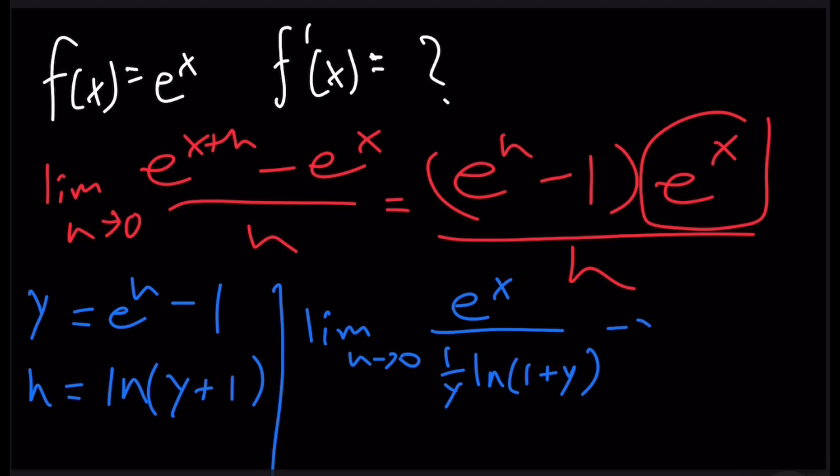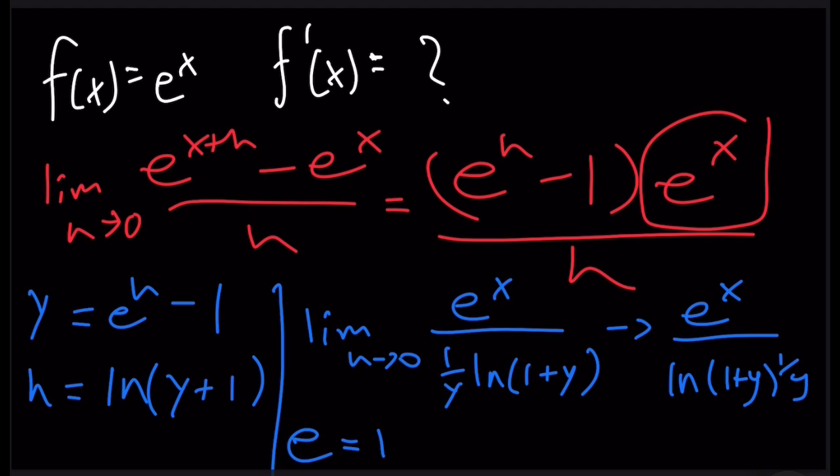And so this can be written as e to the x over the natural log of 1 plus y to the 1 over y. And we know that the number e, or Euler's number, is equal to 1 plus 1 over x to the x.